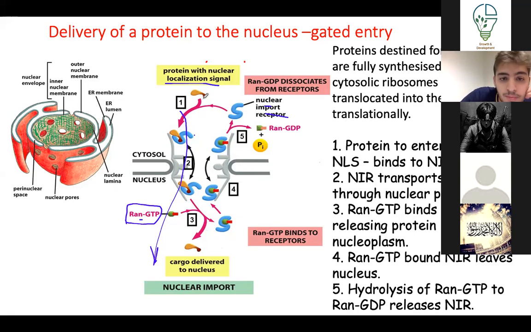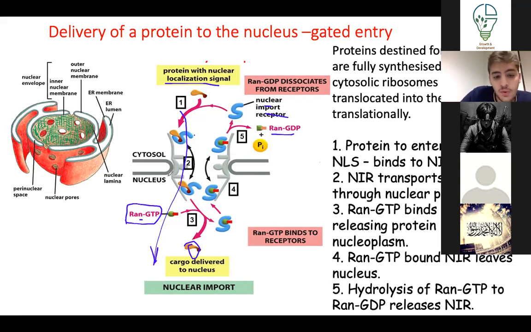You have a polypeptide chain which is recognized by importin, which gets into the nucleus. Now RAN-GTP binds to this complex, leaving the polypeptide inside the nucleus. Now, RAN-GTP and importin will get out of the nucleus. Outside, due to different conditions, RAN-GTP will become RAN-GDP, releasing or recycling importin.